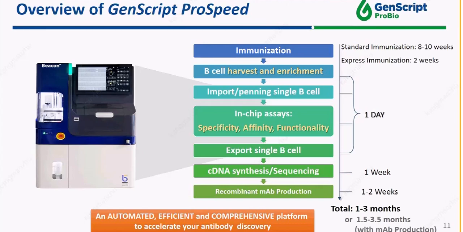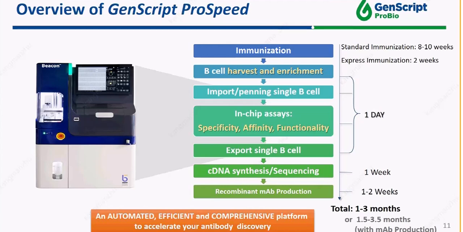We start off with immunization, with standard immunization being about 8 to 10 weeks, and express immunization about 2 weeks. Then the spleens, bone marrows, or lymph nodes, depending on the immunization method, will be harvested for CD138 enrichment. After that, the enriched plasma cells will be imported, or penned, and you will see why it's called penning in the next few slides.